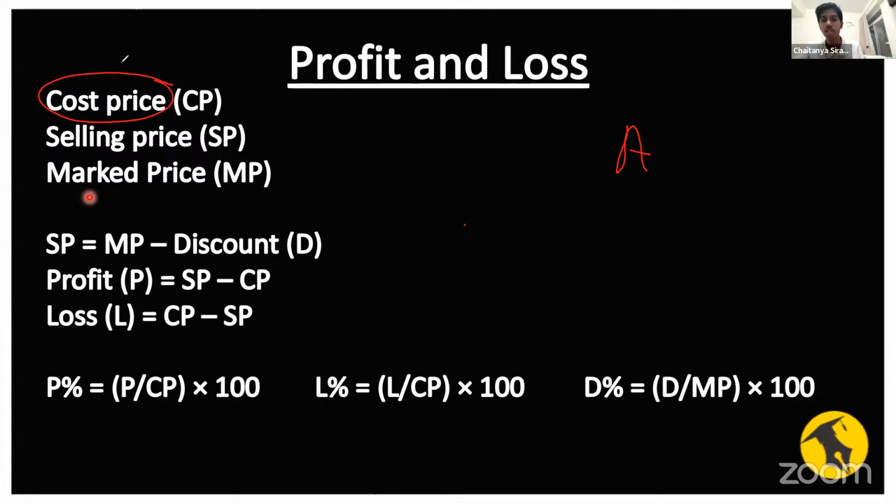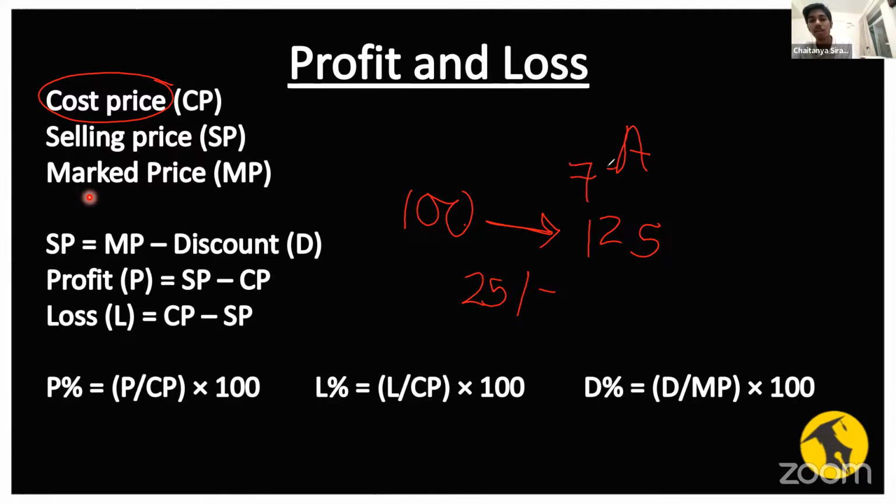Let's say you purchase a T-shirt for 100 rupees and you sell it for 125 rupees. So you make a profit of how much? 25 rupees. Suppose H&M decides to sell it for 75. So it makes a loss of 25 rupees. Not 25%, it should be 25 rupees.